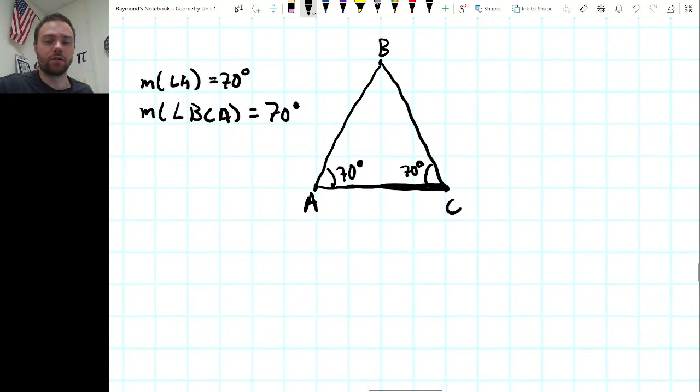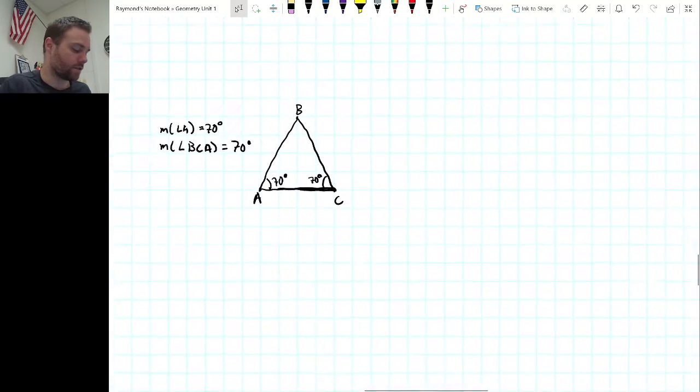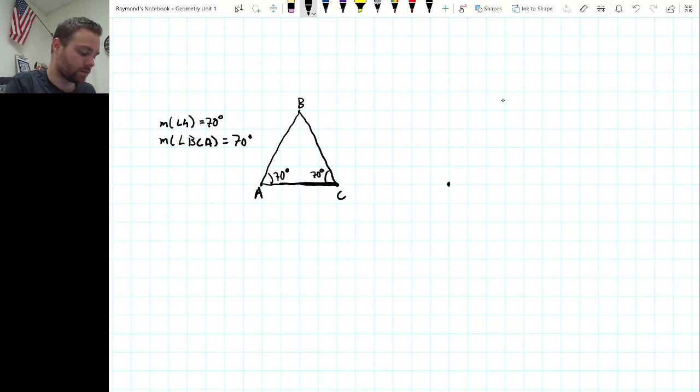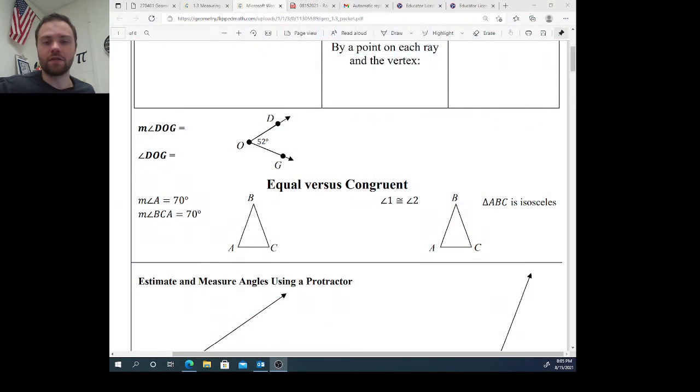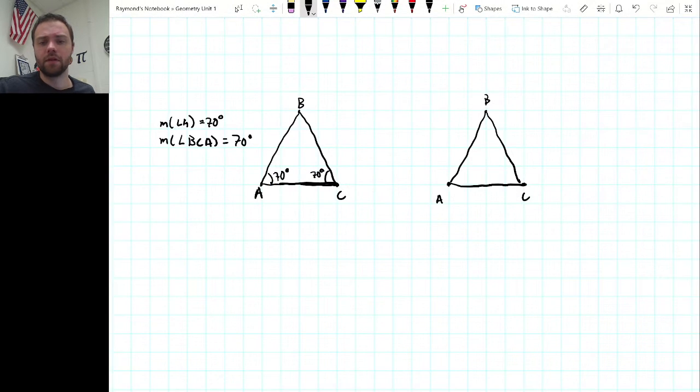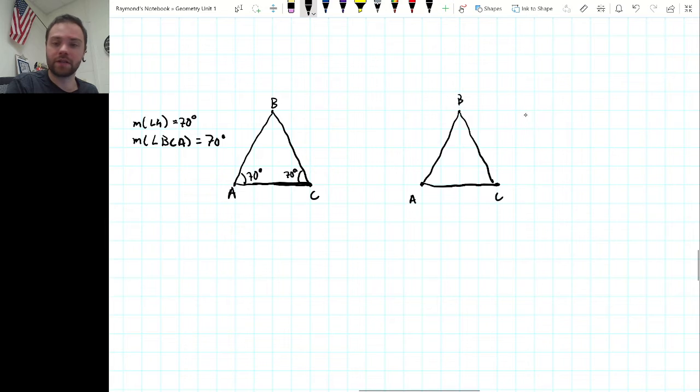When we talk about congruency, right, if I have a different triangle over here that's very similar, call it ABC. And then if you take a look at this statement, it says triangle ABC is isosceles. Okay? So isosceles by definition means two things.